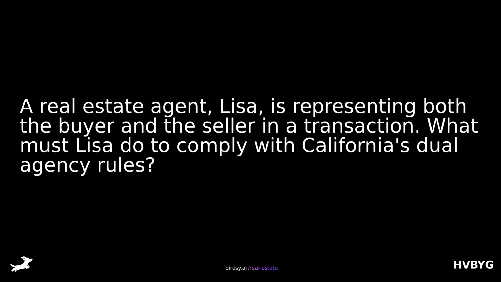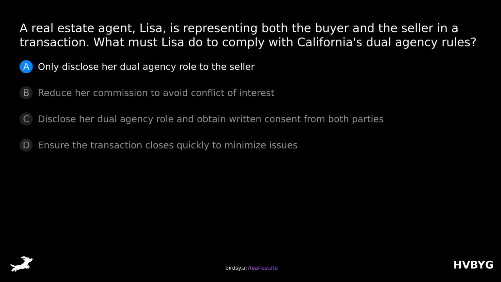A real estate agent, Lisa, is representing both the buyer and the seller in a transaction. What must Lisa do to comply with California's dual agency rules? Is it A, only disclose her dual agency role to the seller, B, reduce her commission to avoid conflict of interest, C, disclose her dual agency role and obtain written consent from both parties, or D, ensure the transaction closes quickly to minimize issues?